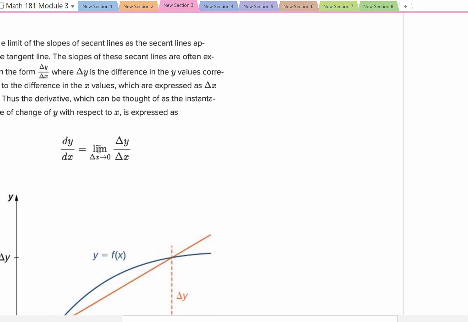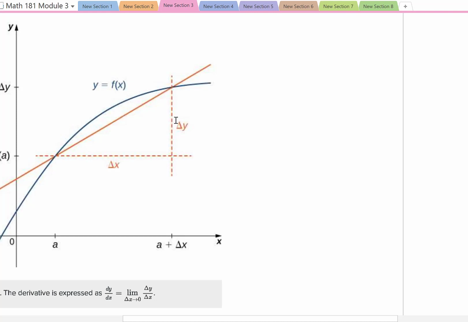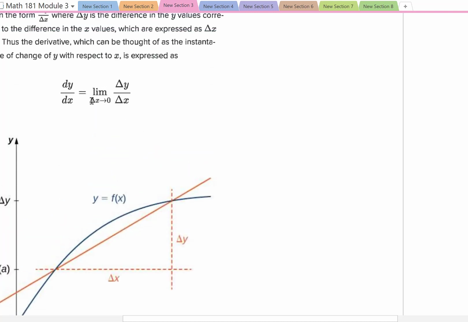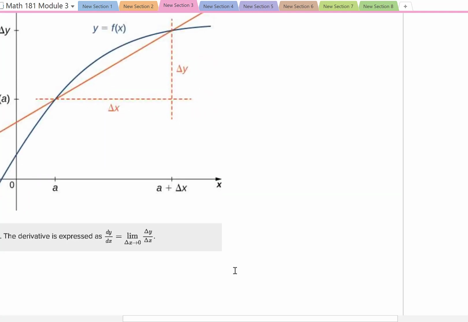So here we're seeing this familiar graph where dy/dx is the limit of the change of y over the change of x. As that change of x goes to 0, we get the change of y over change of x at a specific point, not over an interval.